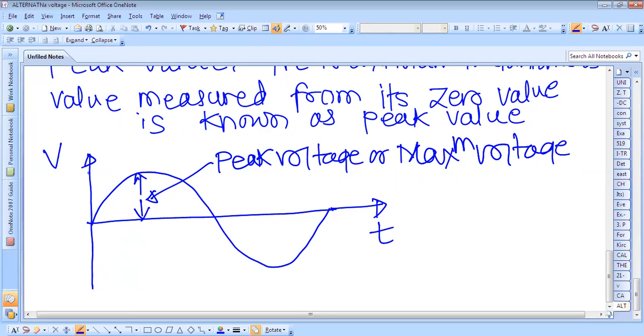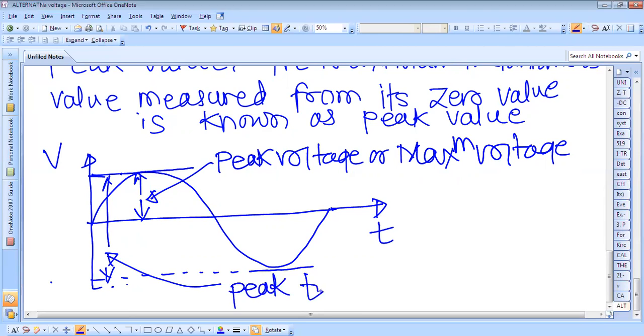Whereas from this peak to this peak, it is called the peak to peak voltage, because from one peak to another peak, this is called the peak to peak voltage.